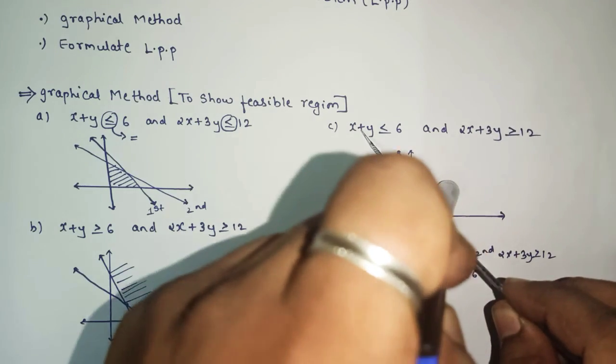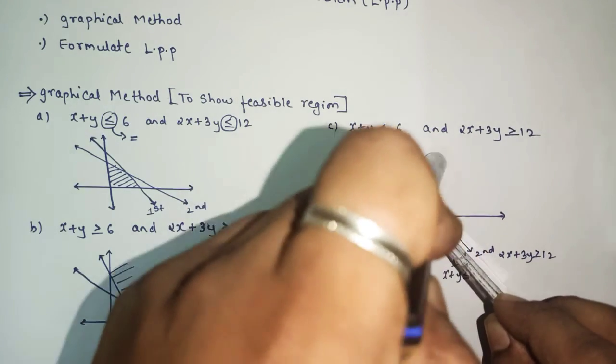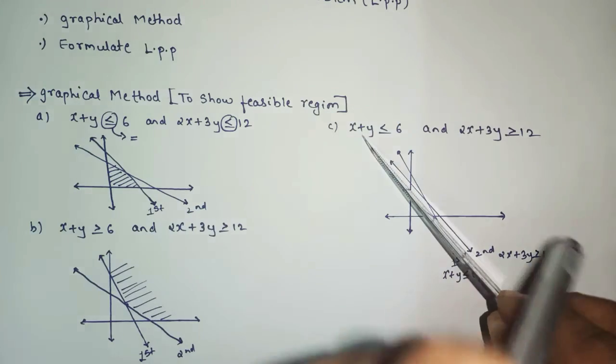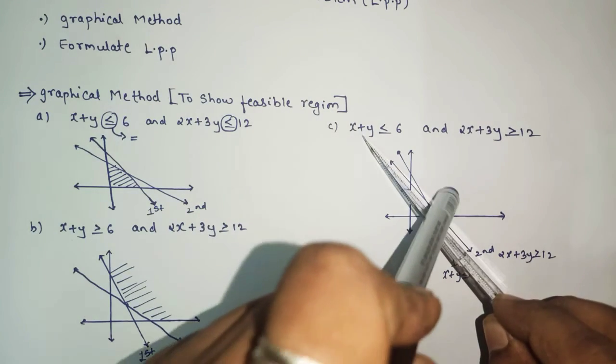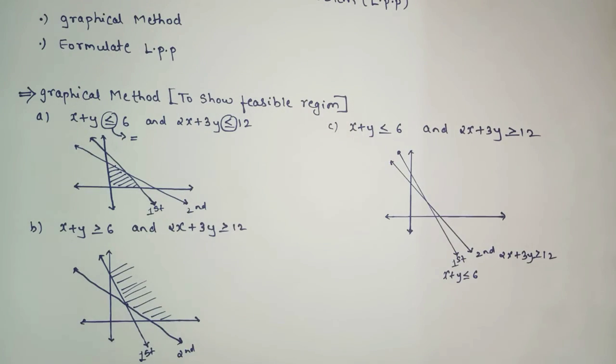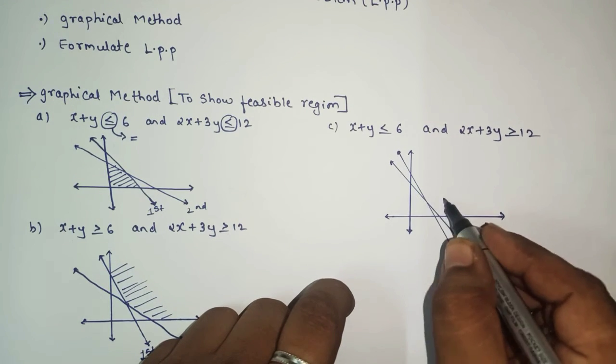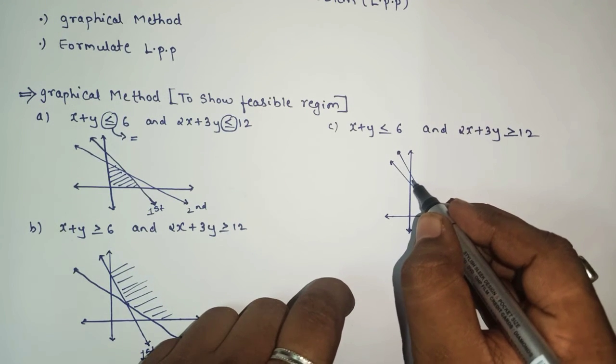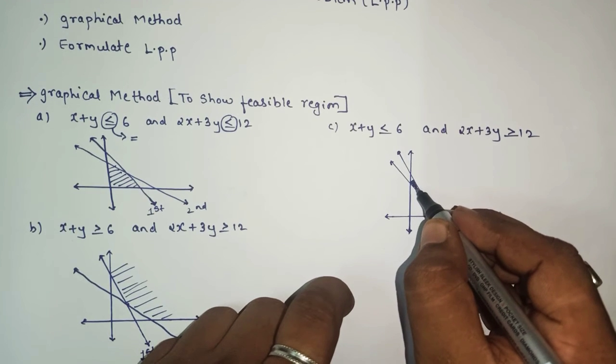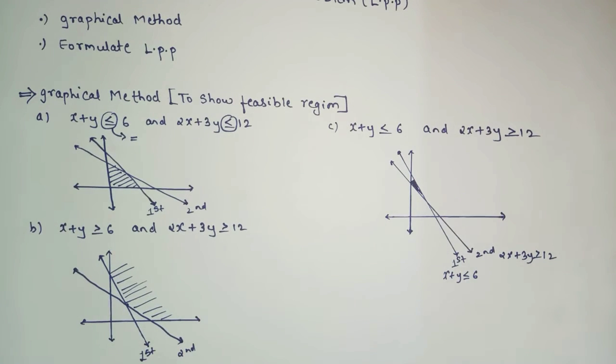Greater than means the shaded region will be outside this line. So this and this region. For this it was this and this, and for this, this and this. So here clearly we can see that the shaded region is this side. Understood? So in this way, this is the proper concept.